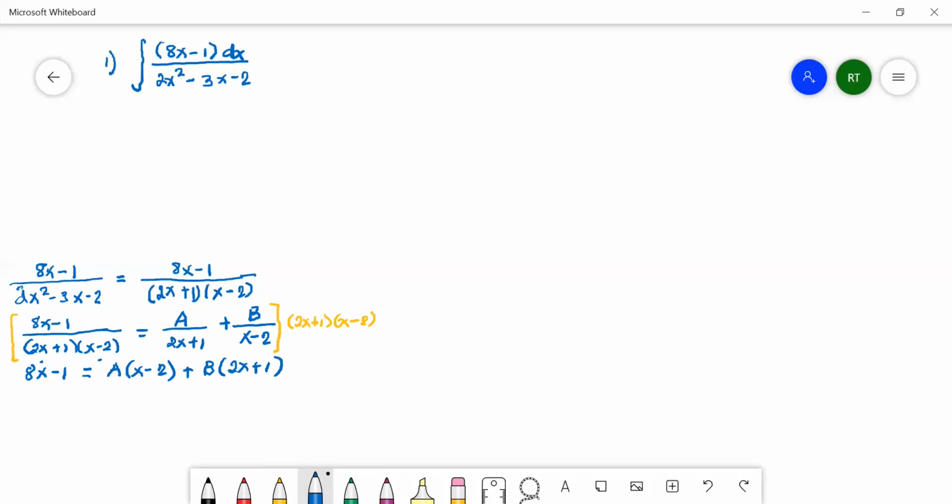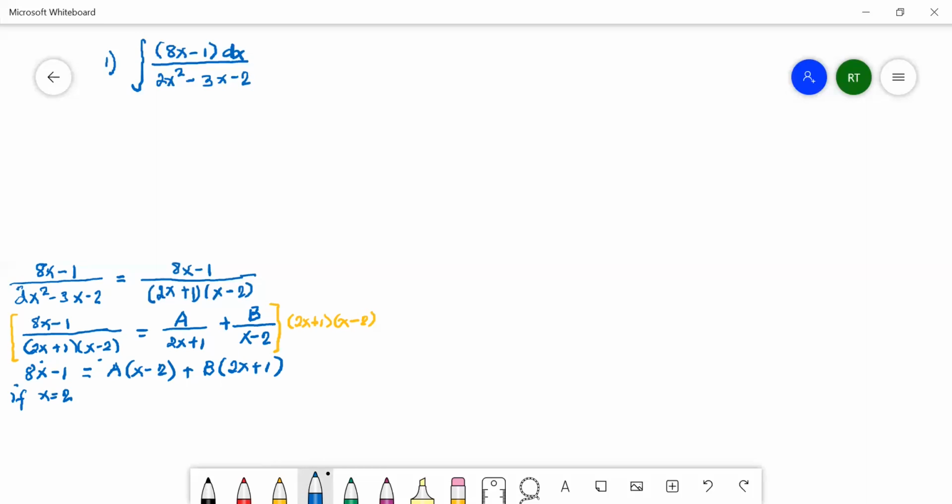These are x equals 2 and x equals negative 1 half. So if we use the value x equals 2, that is by equating the factor x minus 2 to 0.